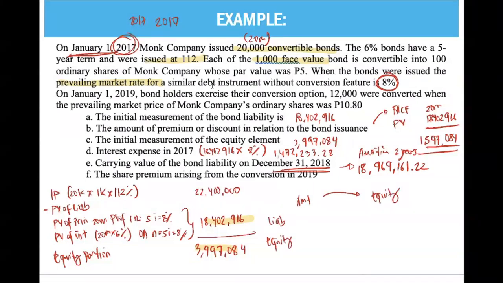For your liability, what is the value as of December 31, 2018? That is 18,969,161.22. And then we also have the value of your equity portion. What is the initial amount of our equity portion? That is 3,997,084. So how much is our total amount?